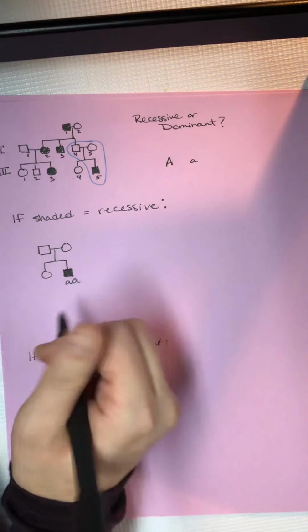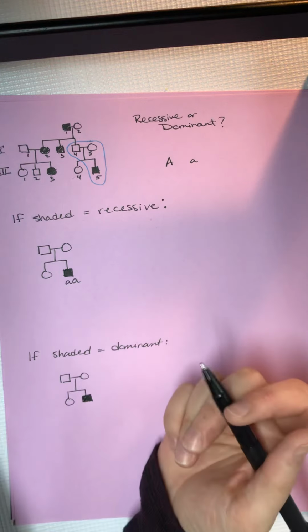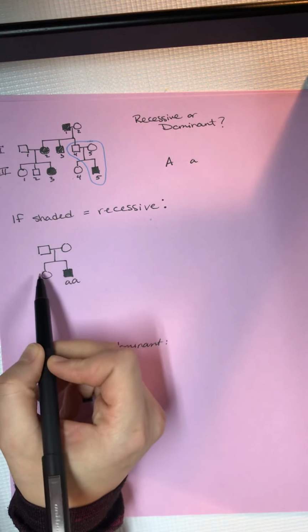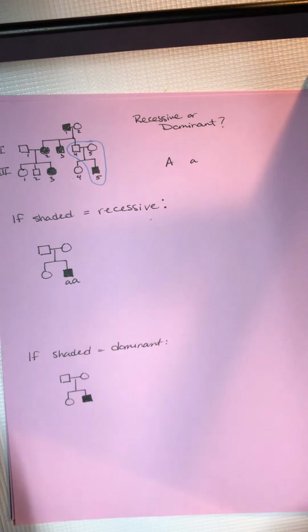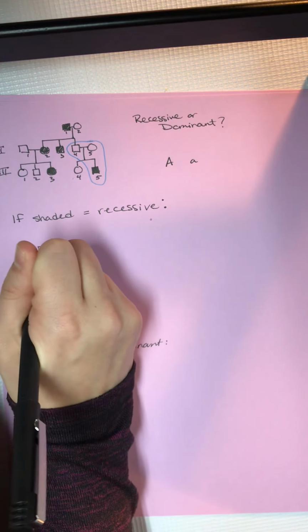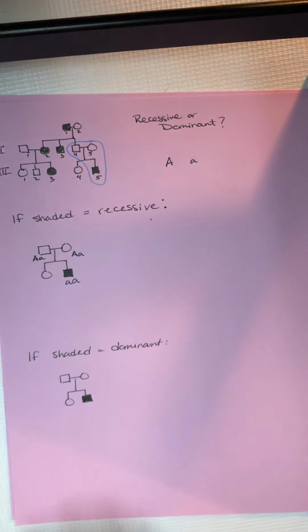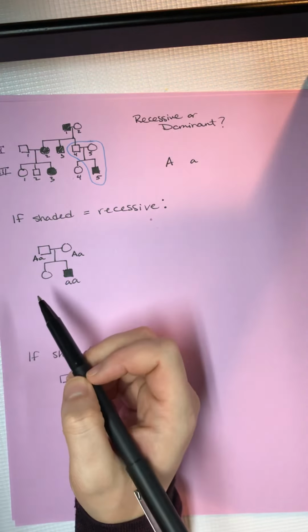Okay, so if that's the case, we have to see, is it possible for these parents to have dominant alleles? So can we assume then that these parents would be heterozygous or homozygous dominant?